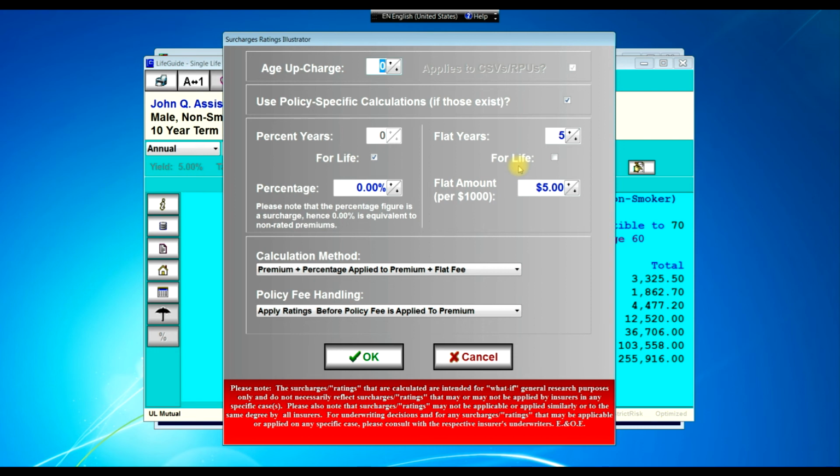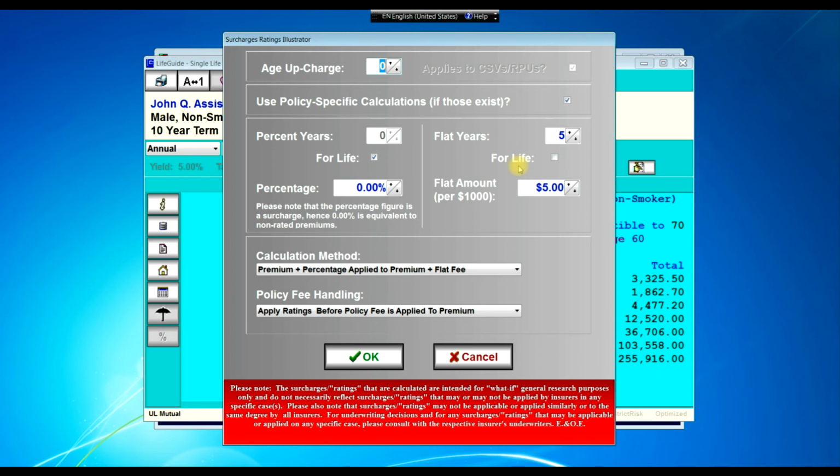What's important to know and keep in mind about the process is that each insurer's underwriting guidelines are not necessarily the same. And may often differ, and they do differ.